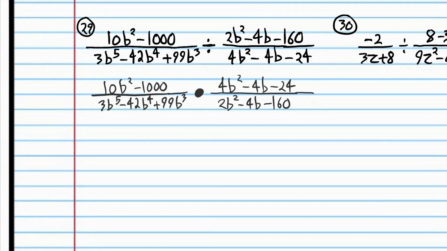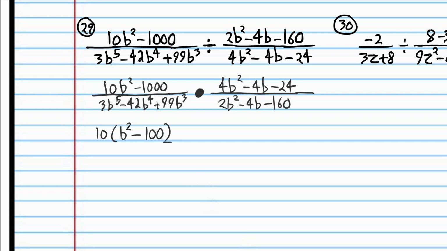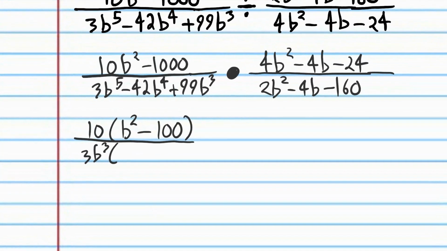So now we're going to factor the greatest common factors. 42 divided by 3 is 14, and 99 divided by 3 is 33.